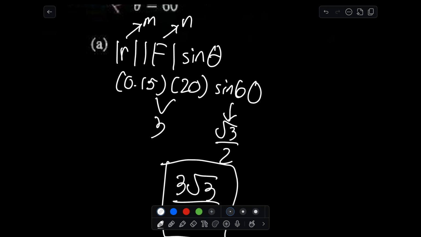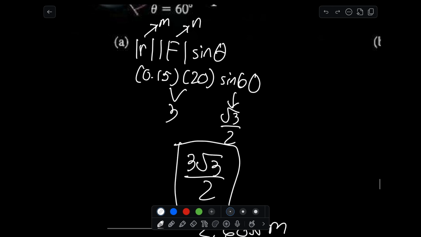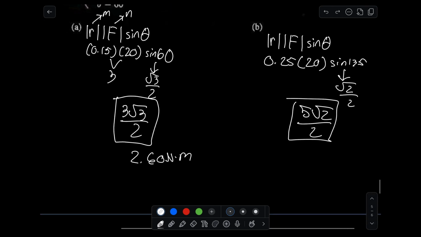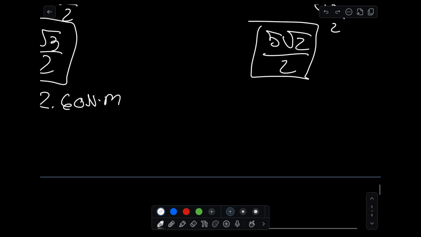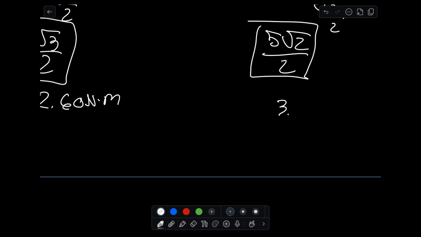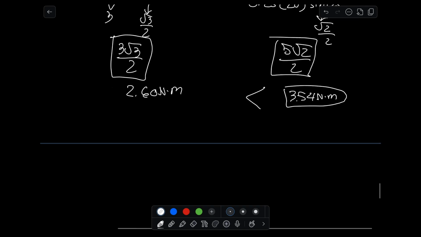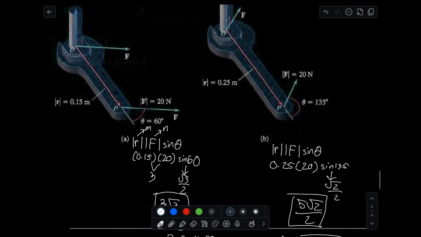This is going to be newtons. This has no unit attached to it. Same thing with this, just going to be meters, newtons, no unit attached to it, right? And this is going to be 3.54 newton meters. So this one has a greater torque than this one. So example 2 is a greater torque than example 1.